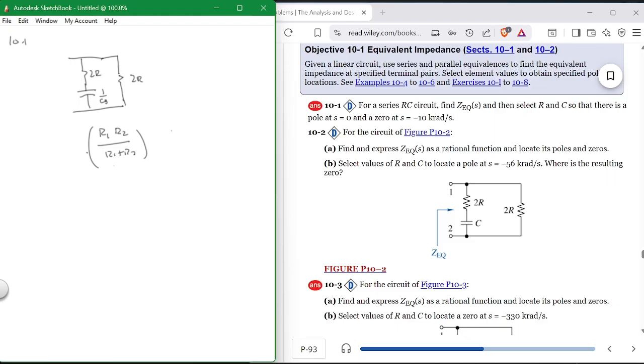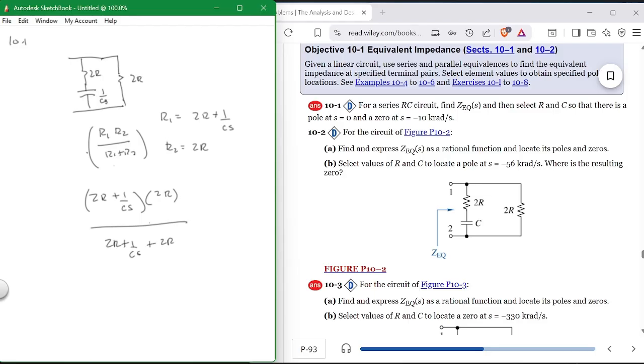So R1 is equal to 2R plus 1 over CS. R2 is just 2R. So it's 2R plus 1 over CS times 2R over 2R plus 1 over CS plus 2R.